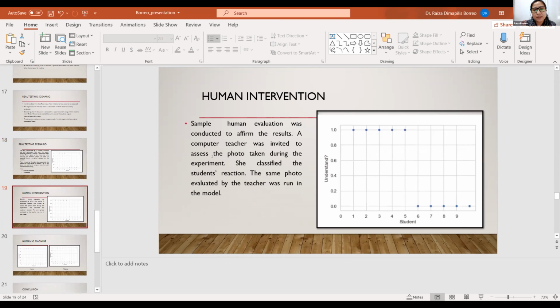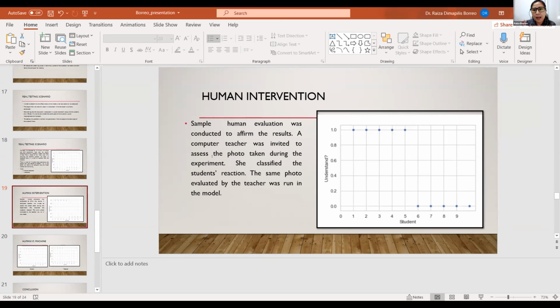Because I'm not yet satisfied with how it works, although I know the model can only predict correct facial emotions up to 65%, I am still not convinced. So I tried my best to compare the results with human intervention.